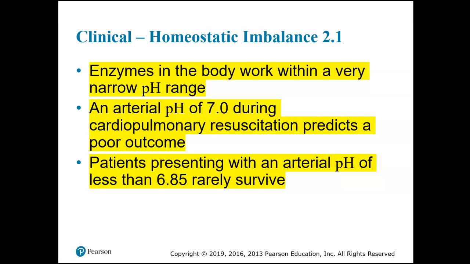If the arterial pH is 7.0 during CPR, or cardiopulmonary resuscitation, this is going to predict a poor outcome because 7.0 is too low. Patients who present with an arterial pH of less than 6.85 rarely even survive. So the pH needs to be closer to 7.4, between 7.35 and 7.45.